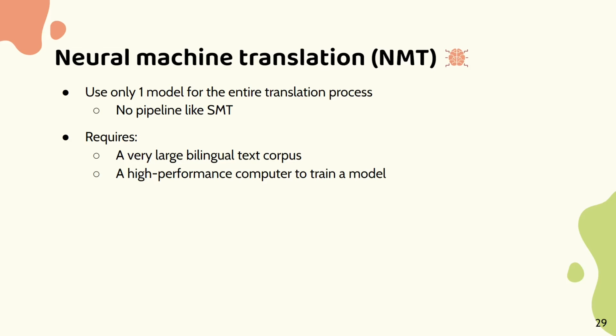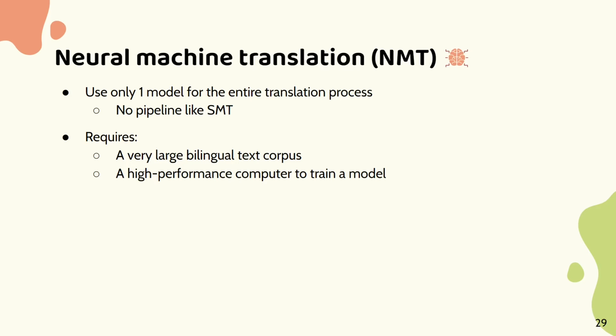For this approach, it requires the same things as in the statistical approach, and those things are: first, a very large bilingual text corpus, and second, a high-performance computer to train a model. Actually, at the time when I made this video, we already have a service like Google Colab, which enables us to train a neural network easily without suffering from the setup process.